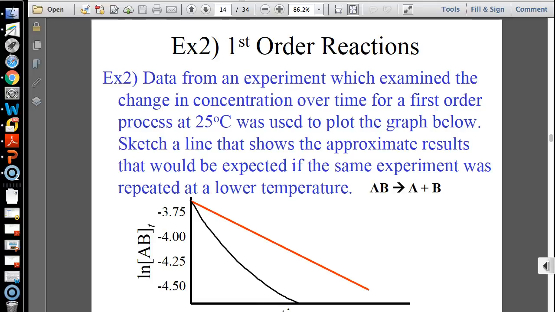Does that make sense if you have a lower temperature? No. When we're thinking about slopes of lines, a zero slope is a horizontal line. So if I lower the temperature, it is going to decrease the slope of the line, because the slope of the line is K, and K is going to be smaller when I slow down the reaction.